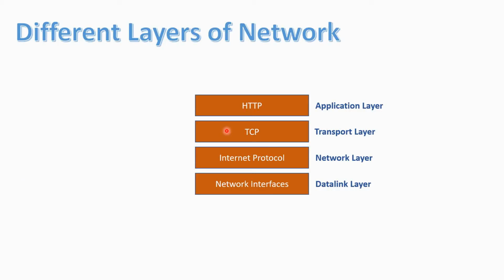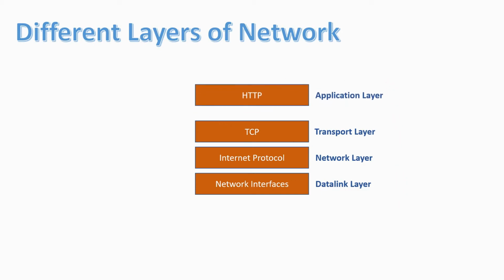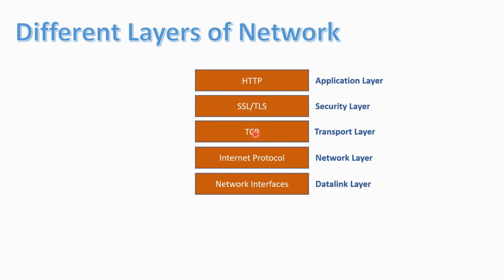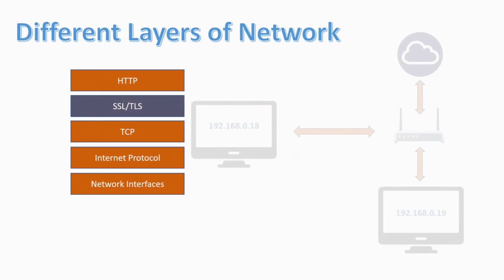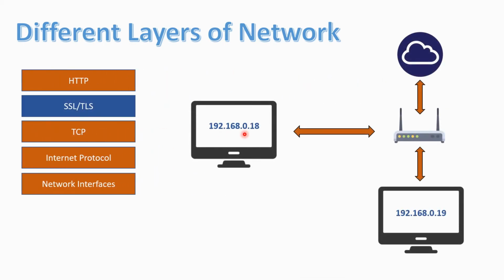So now let's quickly understand what is HTTPS. These are the network layers that we saw previously. The security layer is between TCP and HTTP. So it uses SSL or TLS. Once the TCP client and server are connected, the client will first ask the server for its certificate, so that we know that the server which we are connecting to is a valid server.